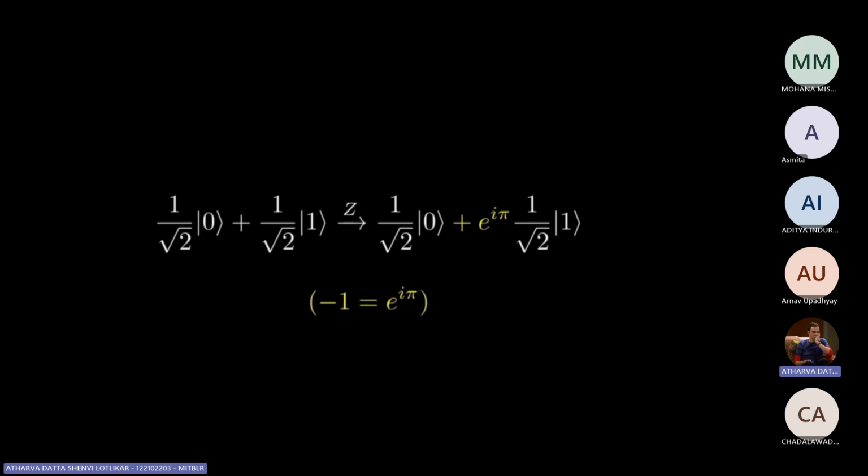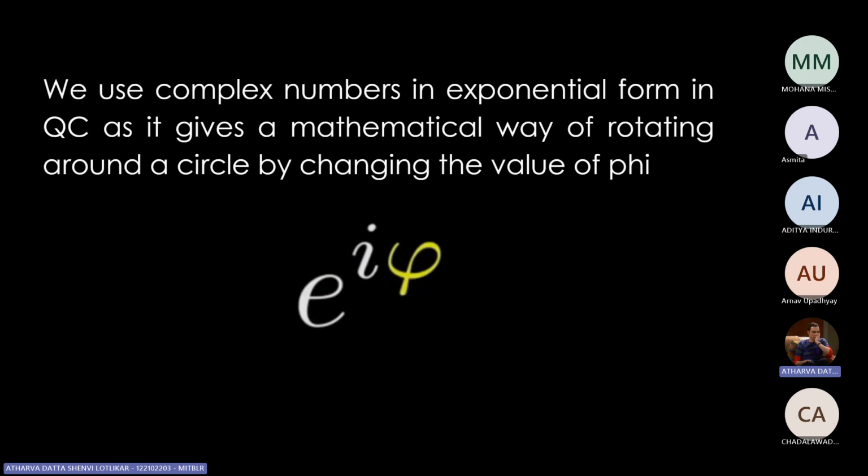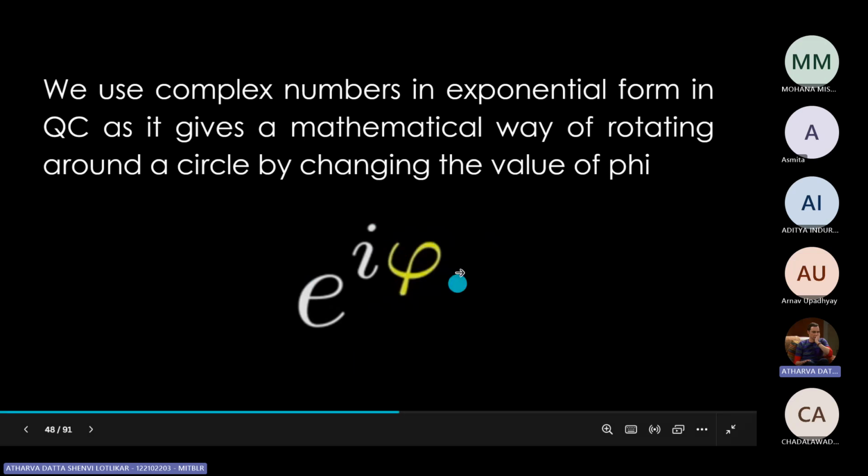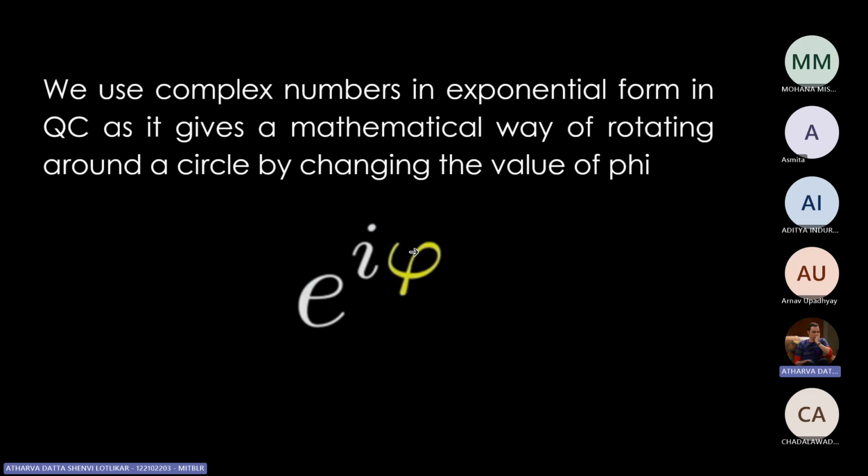And in quantum computing, you can represent all the complex numbers in the form of e raised to i pi. So this is the exponential, or Euler's form of representation of a complex number. Usually you prefer this form over the traditional Cartesian format, because we deal with Bloch spheres and we deal majorly with rotation. For such things, your exponential form plays a vital role, because this phi which is there tells you how much the whole rotation is.